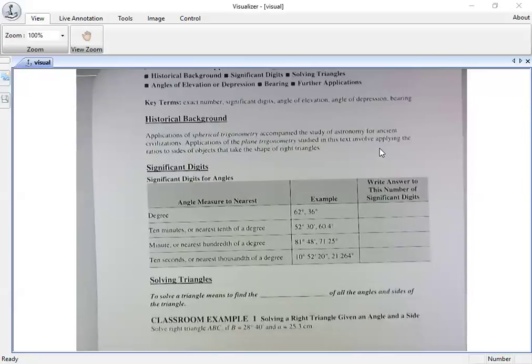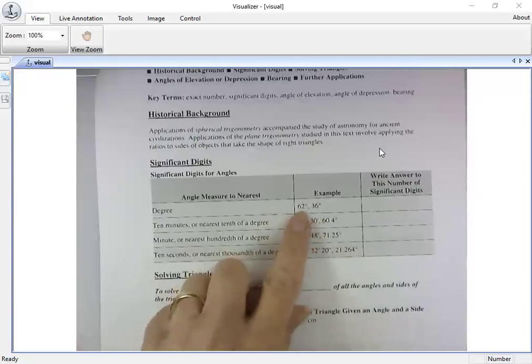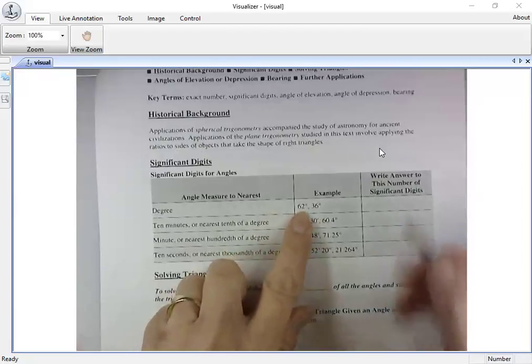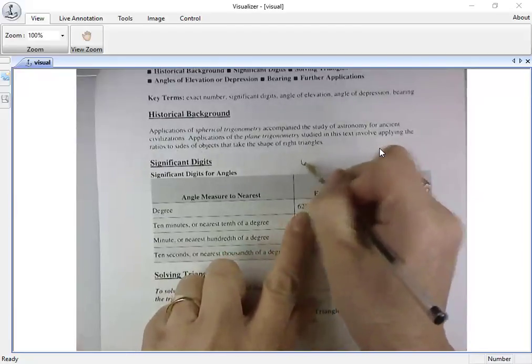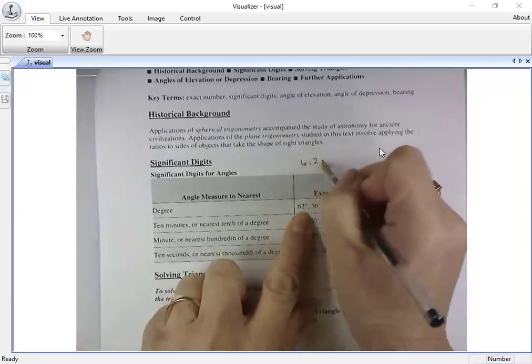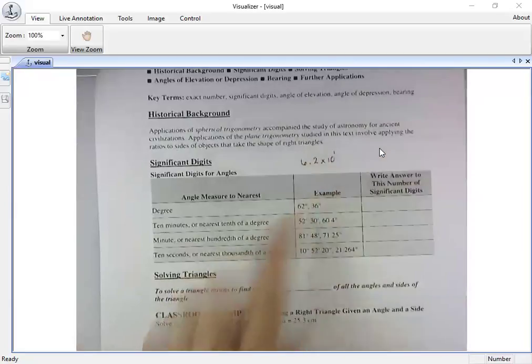So here's the basic idea. If you were to think of what this number looks like, the way they would typically explain it is to put it in scientific notation, which means that if you wrote 62 in scientific notation, that would be the number 6.2 times 10 raised to the first power.